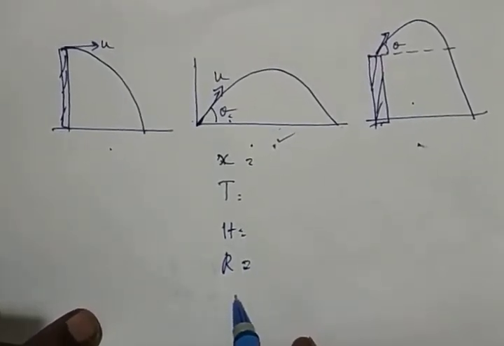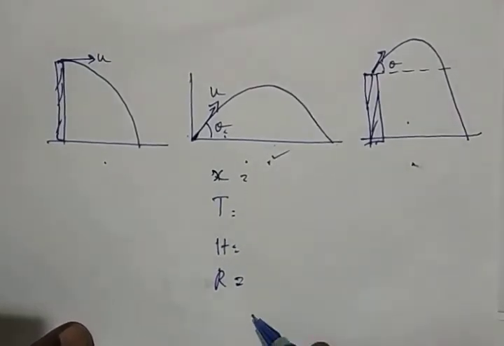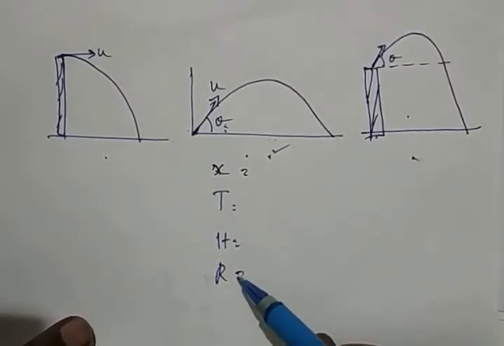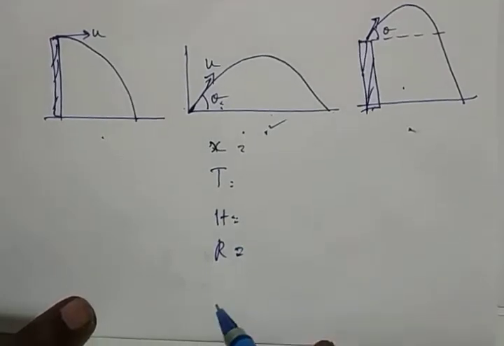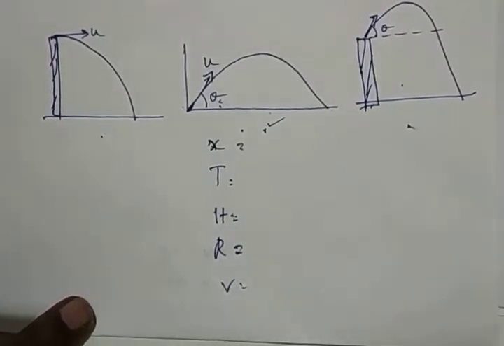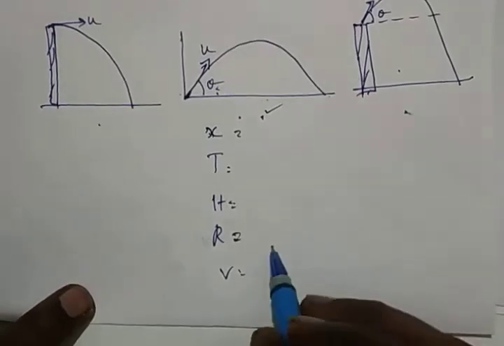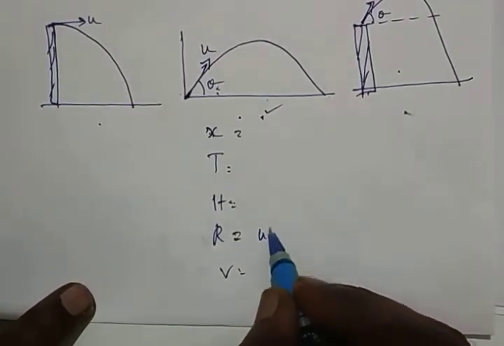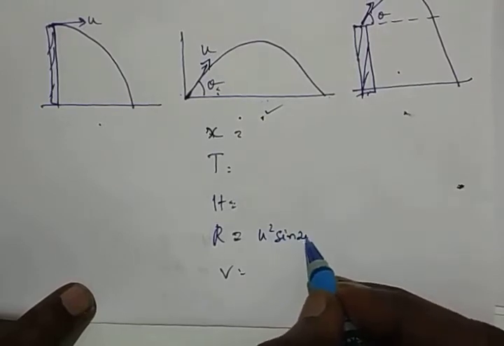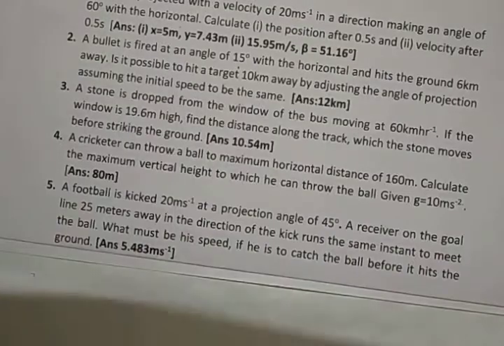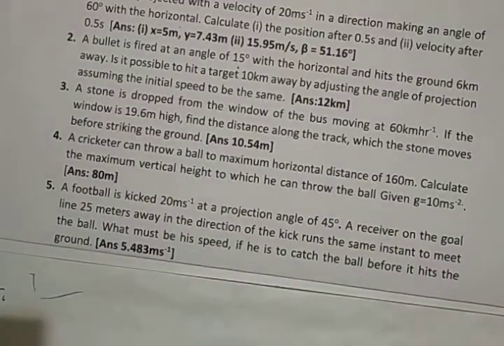So you should know all of them: time of flight, range, maximum height, and finally also velocity at any point. Now here the range formula is there. What is the range formula? It is u square sine 2 theta upon g. Please try to memorize every formula, it's so important. So we substitute the straight formula there.